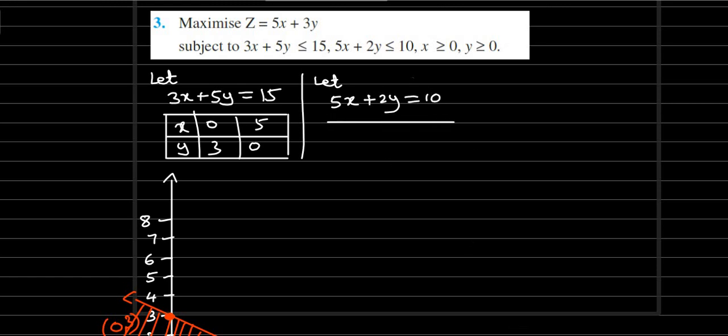To draw the line, we need a minimum of 2 points. If x equal to 0, then 2y equal to 10, so y will be 5. If y equal to 0, then 5x equals 10, so x will be 2.